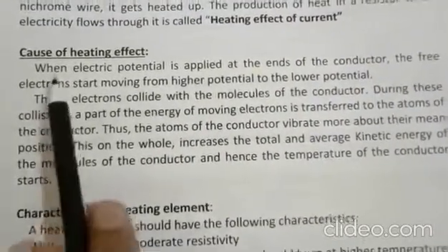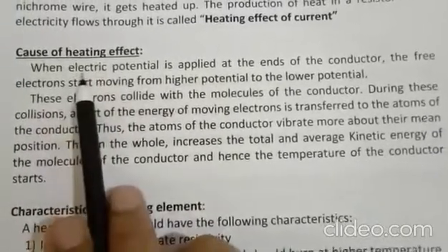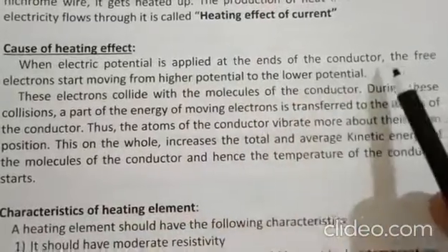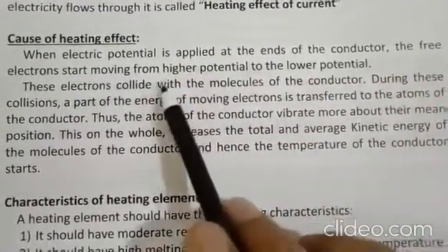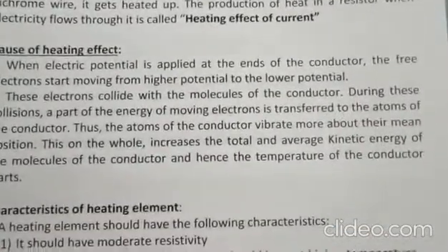So our next topic is cause of heating effect. When electric potential is applied at the ends of the conductor, the free electrons start moving from higher potential to the lower potential.